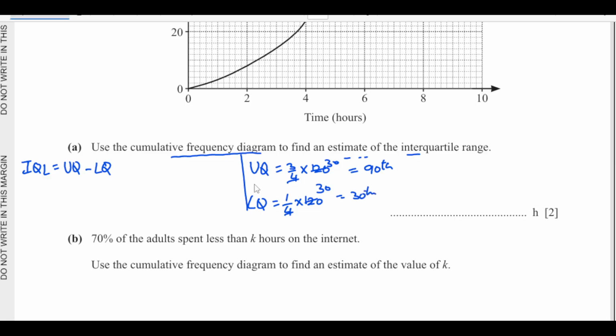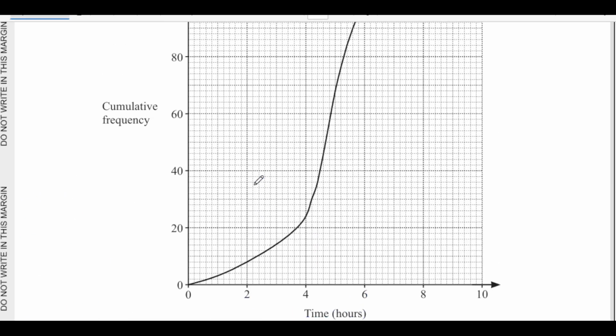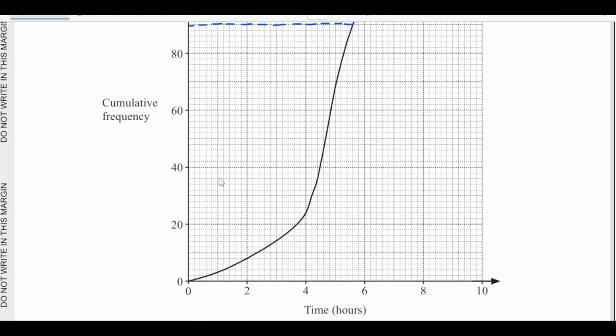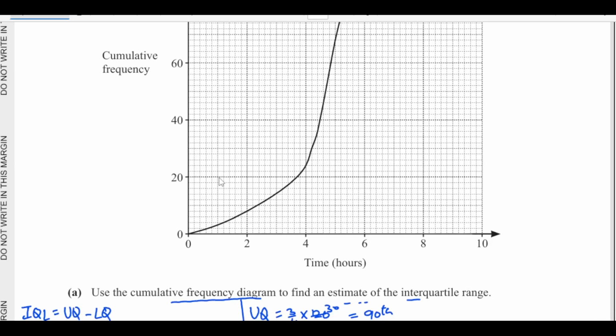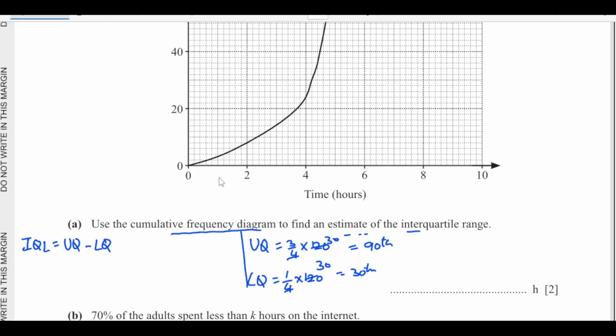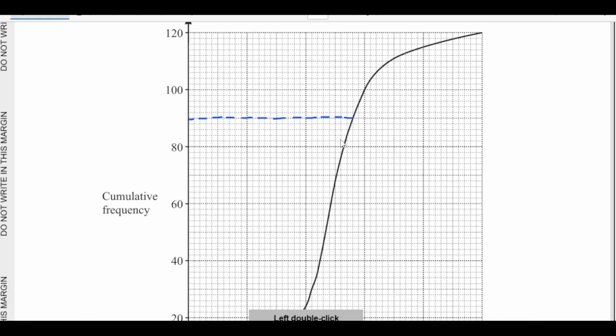So let's see now the 30th and 90th value. So the 90th, if you see, go around here. So this is 80, this is going to be 90. Here you go along this line, then you come down here for the time, because we are looking for the coordinate here. I am going down along this line.